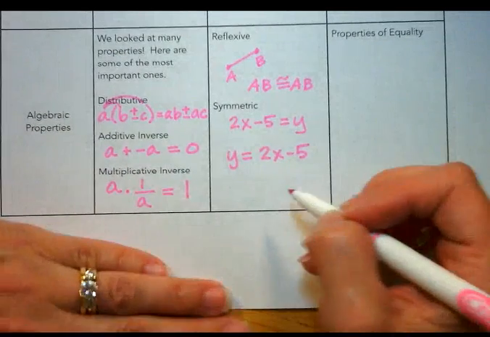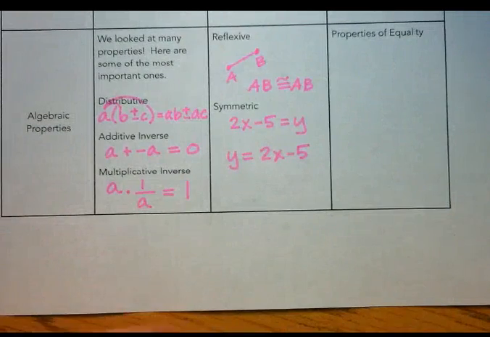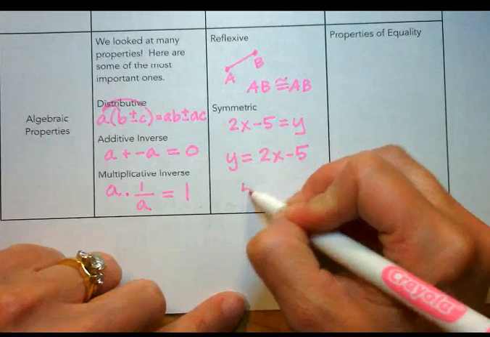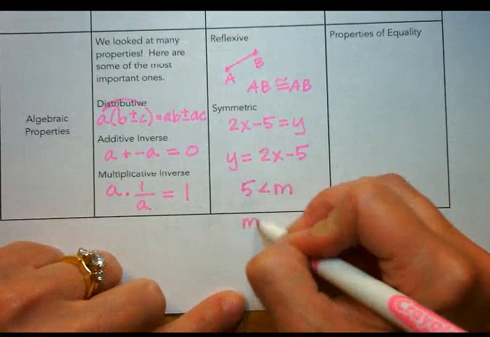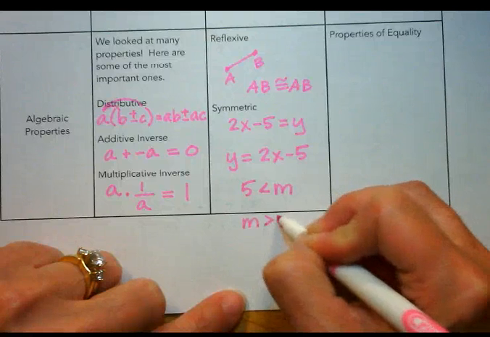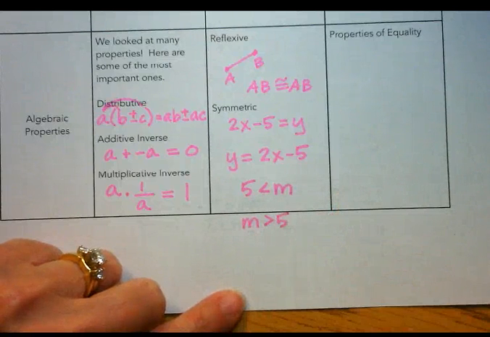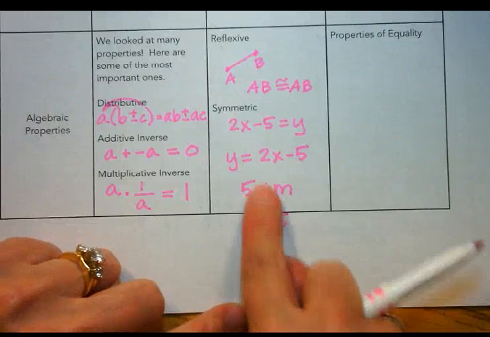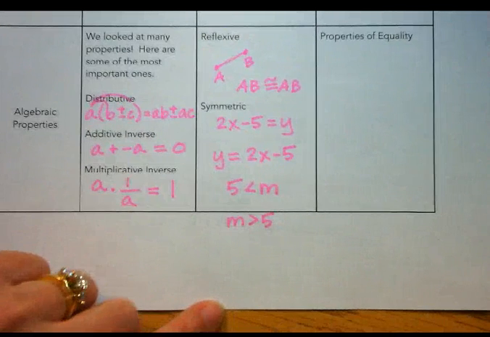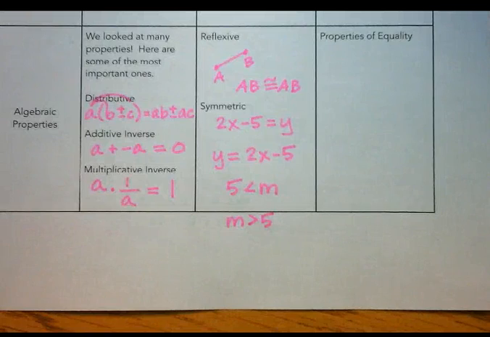Same thing happens with inequalities also. So if you had 5 is less than m, you could rewrite that as m is greater than 5. It allows you to switch your right and left sides as long as you keep the symbol or the sign consistent.